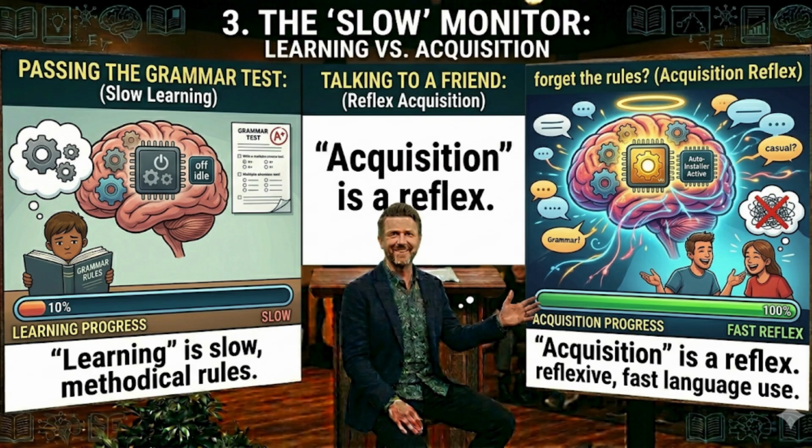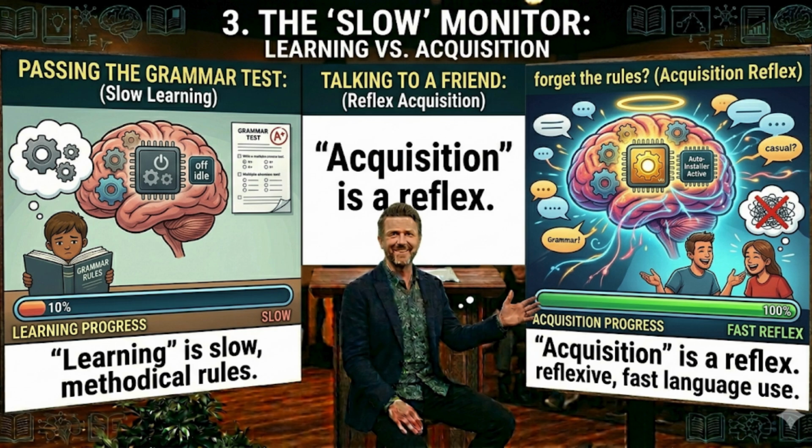3, let's go deeper. The slow monitor. Why can you pass a grammar test but forget the rules when you're talking to a friend? Because learning is slow, but acquisition is a reflex. You can't read a manual while playing tag. Let's talk about the right words. Hymes says it's not just about correct words, it's about right words.